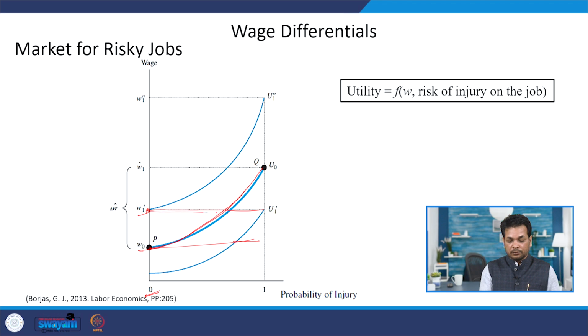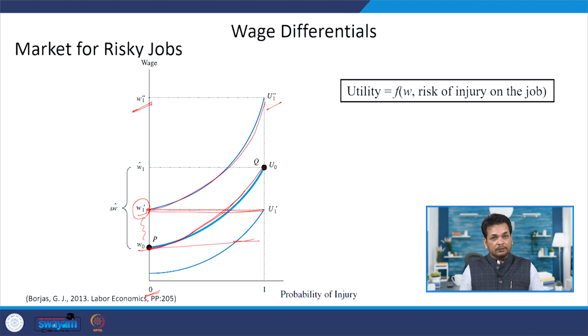But to attract him, this much of wage increase is not sufficient. Still he will prefer to work in a safe environment. If you give him a higher wage rate, then maybe the worker shifts to the new utility function where the utility is much higher, and then he may think that he can work in a risk environment.